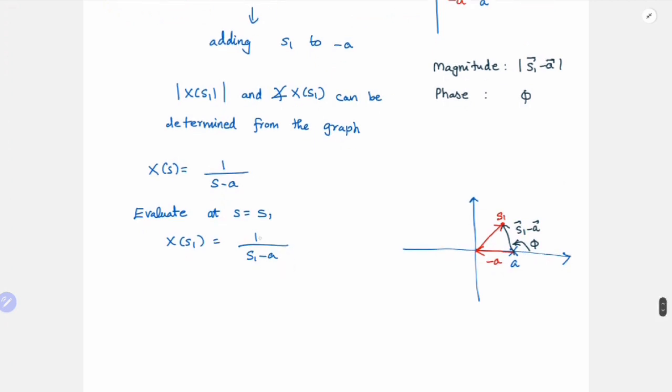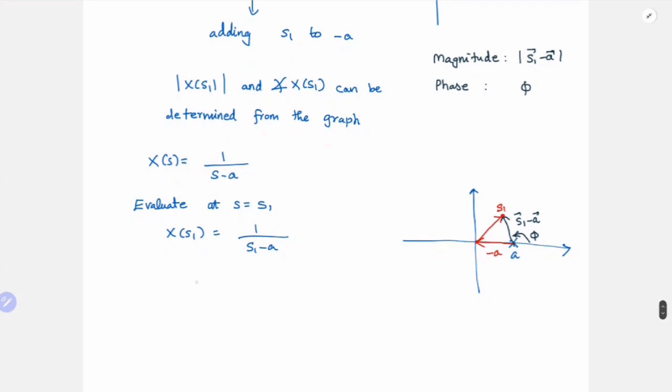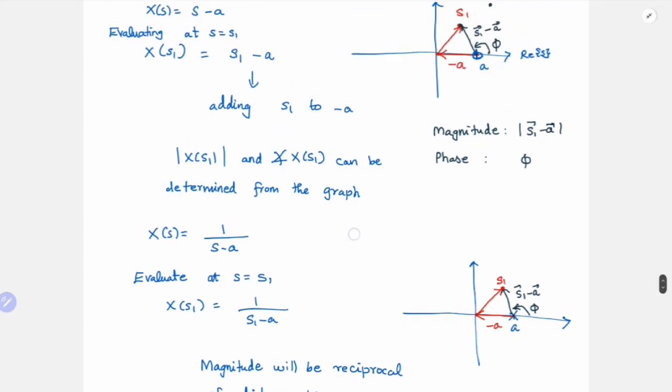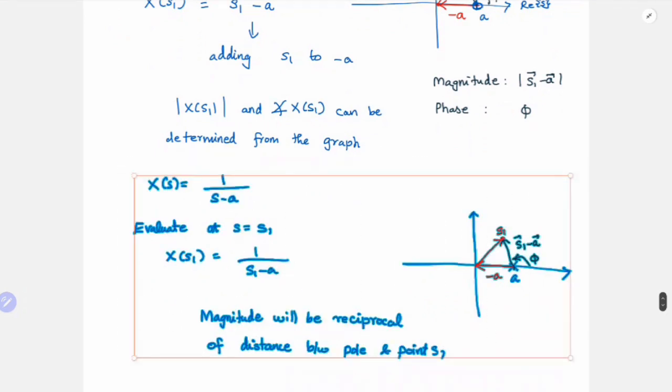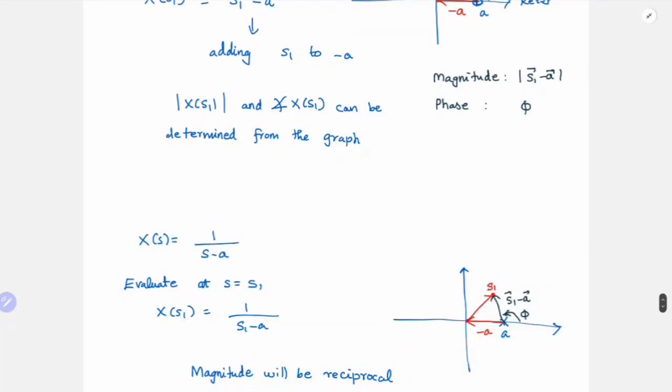Now we need to evaluate 1 by s1 minus a. So its magnitude will be the reciprocal of the distance between the pole and point S1. So here it was just the distance, it wasn't the reciprocal.